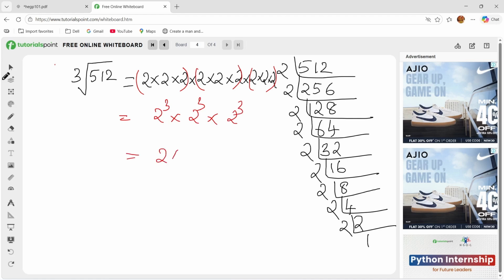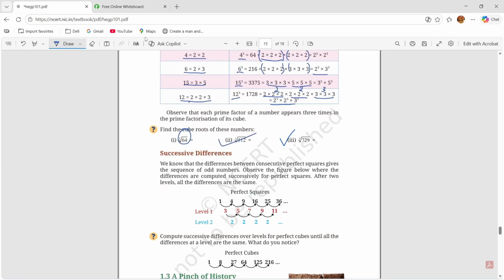That is cube root, not square root. Cube root of 512 is equal to cube root of 2 cube is 2, and cube root of 2 cube is again 2, and again 2. That is equal to 8. Now what about 729?